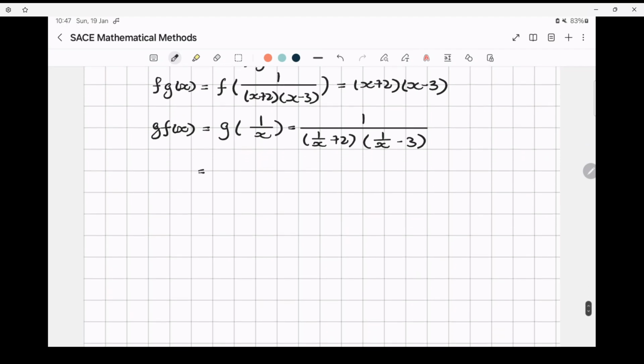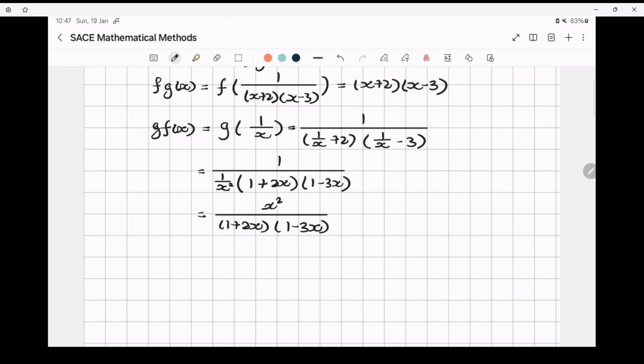So now you can factor out 1 over x twice. Then the first term you have 1 plus 2x, second term you have 1 minus 3x. So finally what you will have is (1 plus 2x)(1 minus 3x), over x squared.